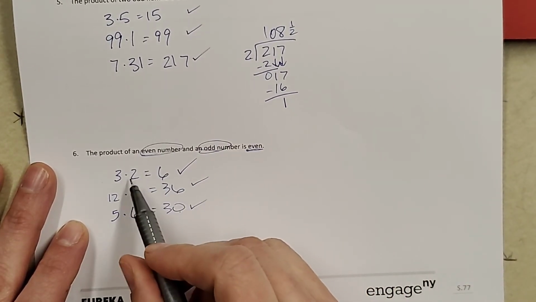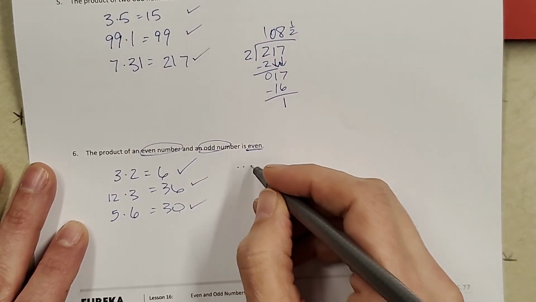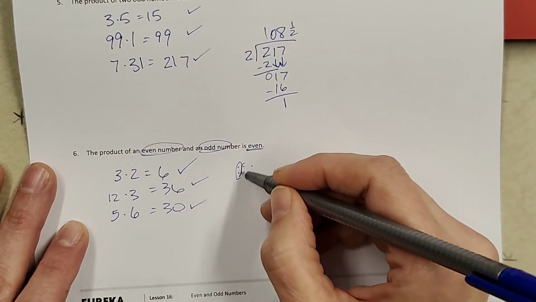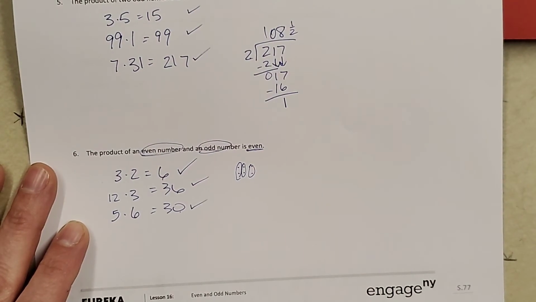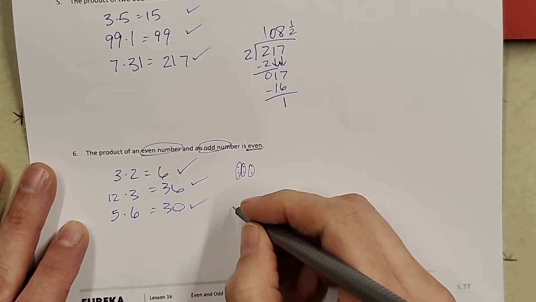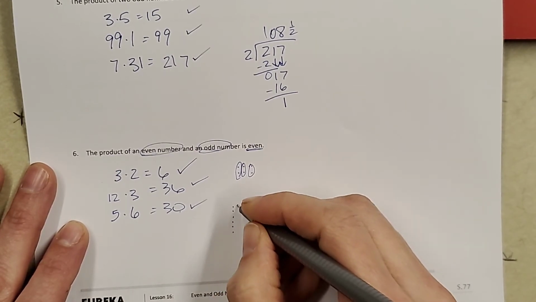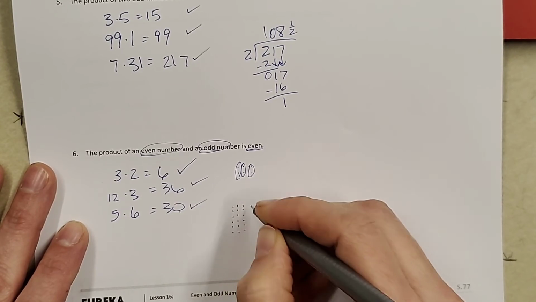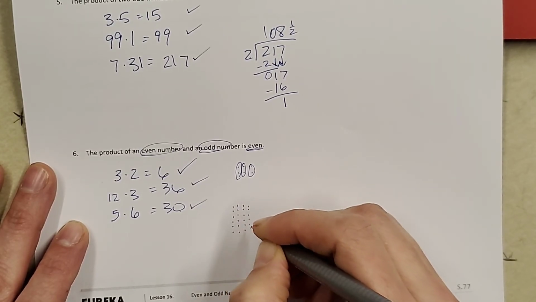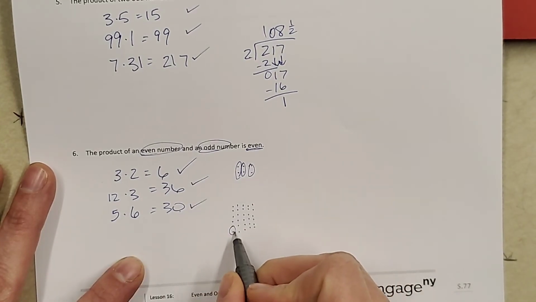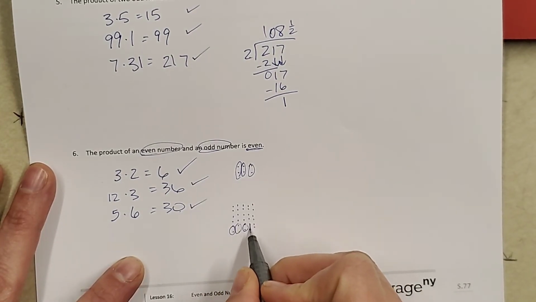And think about that. If you have two groups of 3, 1, 2, 3, 1, 2, 3, can you pair everybody up with somebody? Sure. If you have 5 groups of 6, 1, 2, 3, 4, 5, 6, and so on. Can I just pair like this?